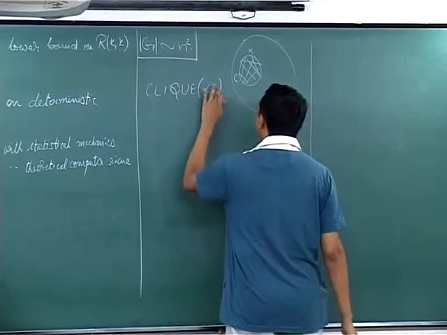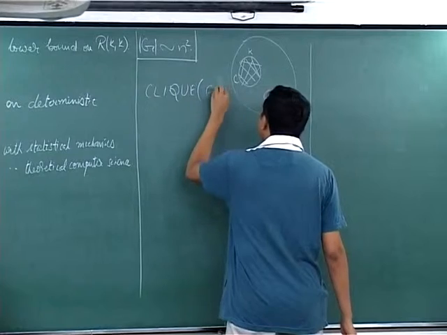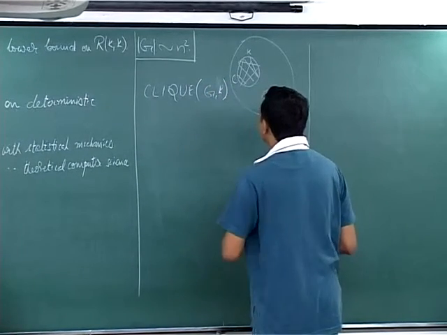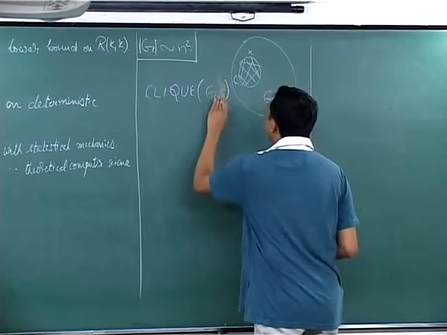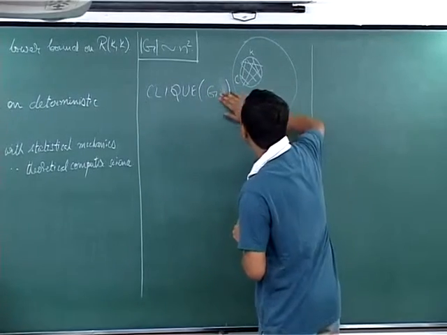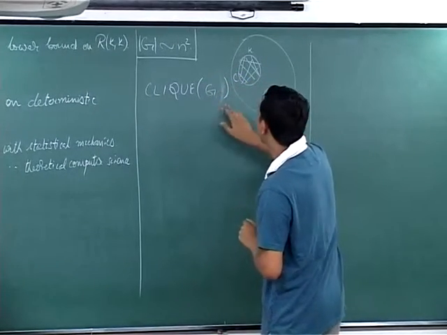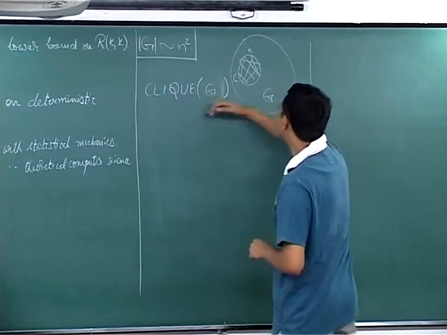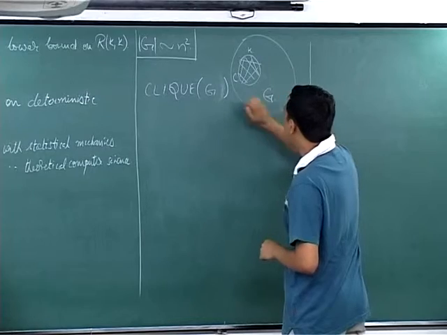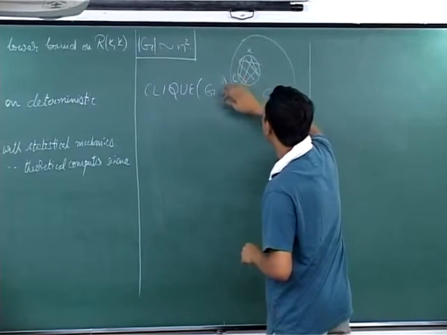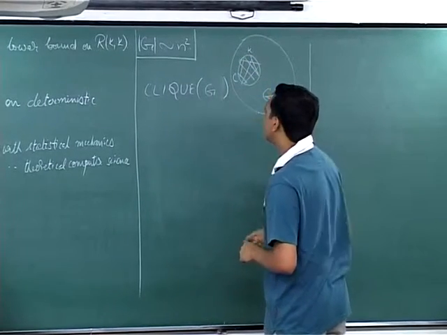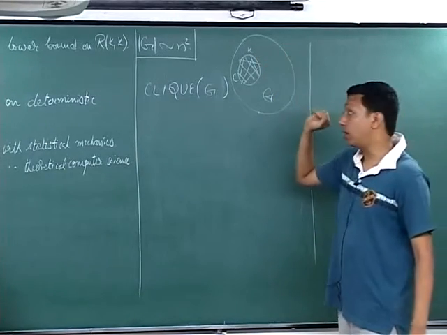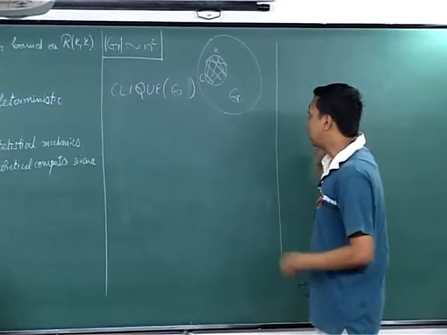I want to find the size of the maximum sized clique inside G, but I know that it's unlikely that I could ever find the maximum sized clique in polynomial time, right?